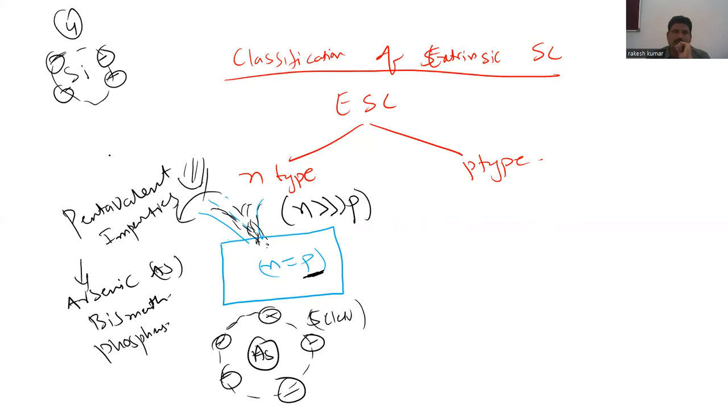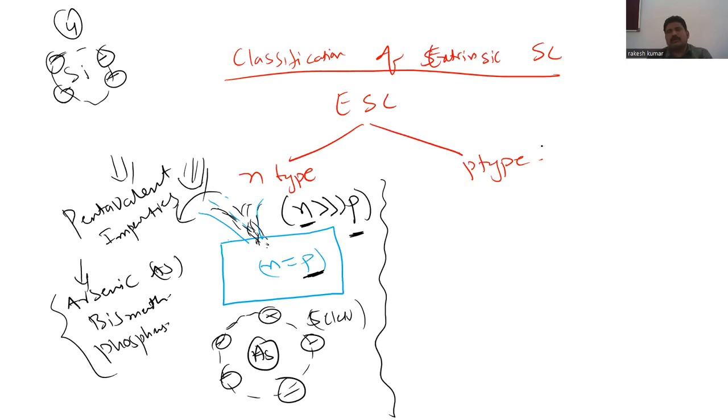Which type of impurities do you want to add? Pentavalent impurities. What are examples of pentavalent impurities? Arsenic, bismuth, phosphorus. By adding this type of impurities, the number of electrons is far greater than the number of holes. This is regarding the n-type extrinsic semiconductor.